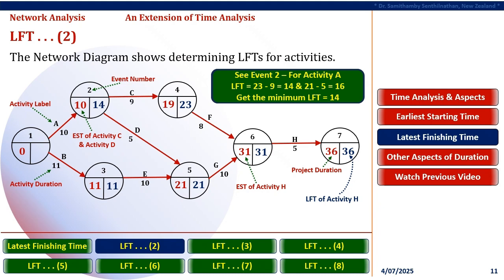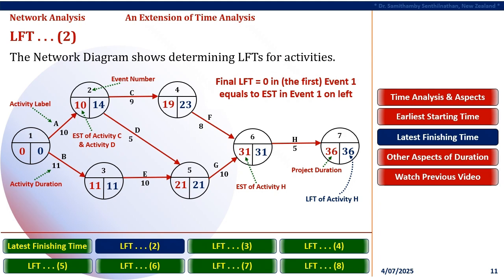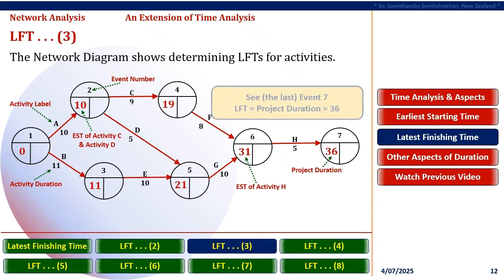Further, 31 months is placed on right in tail Event 6 of Activity H. This has been processed by subtracting the duration of the last activity, in the example, 5 months of Activity H, from the LFT duration in the activity's head event, that is 36 minus 5 is equal to 31, and placing this result 31 on the right in its tail Event 6.